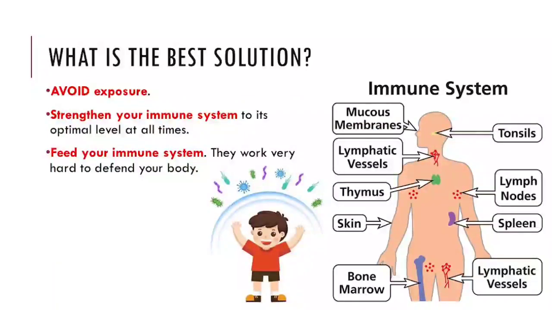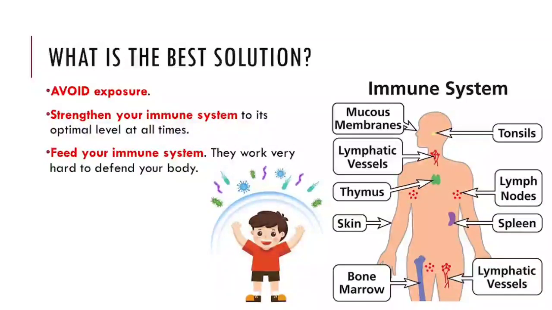What is the best solution? Avoid exposure to the virus, strengthen our immune system to its optimum level, and feed our immune system with the right nutrients. What is our immune system?